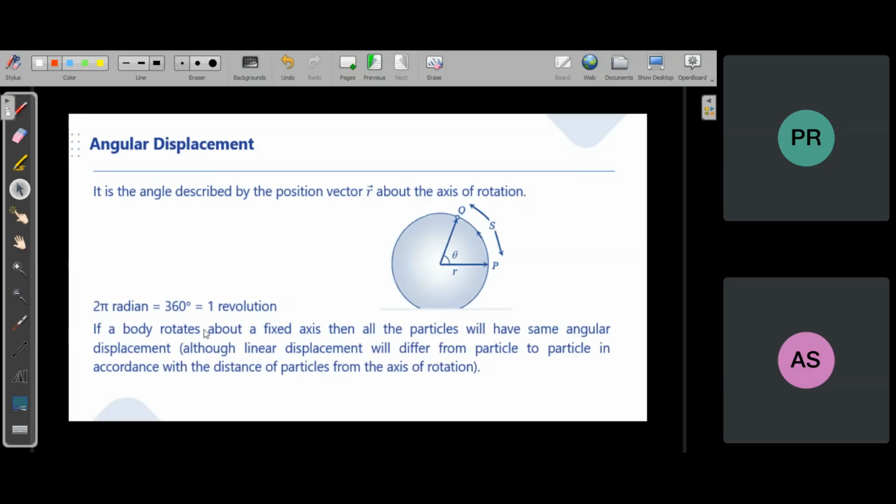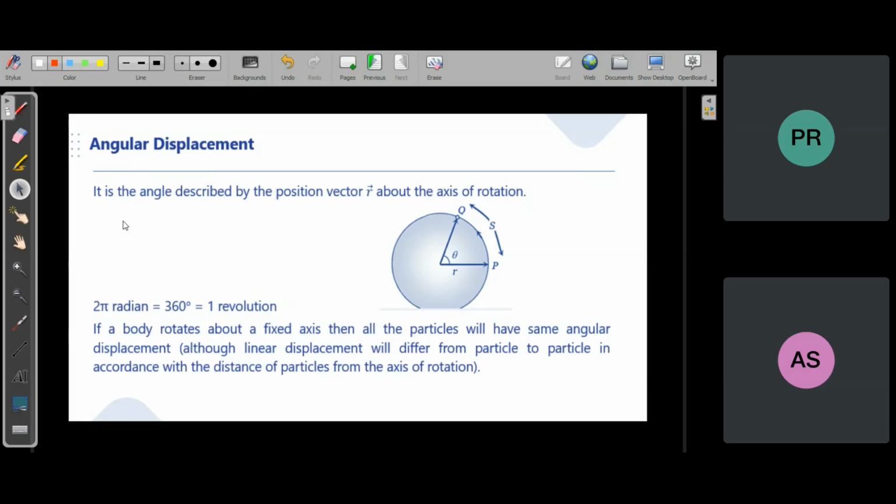In a simple way, you can say that the angular displacement is simply the angle rotated by the body.